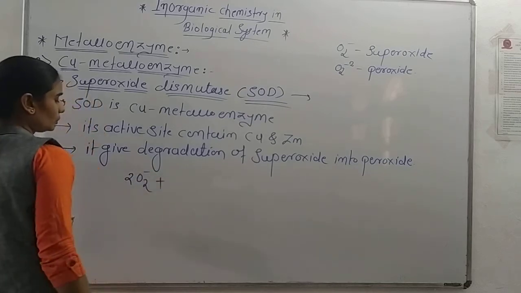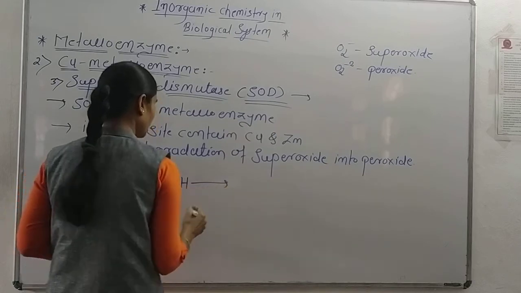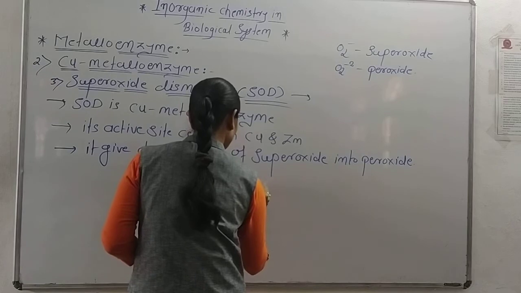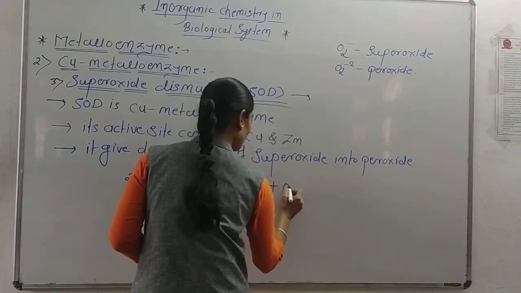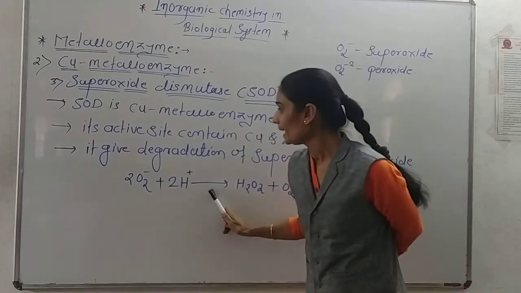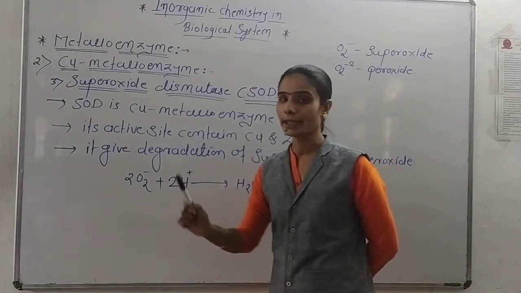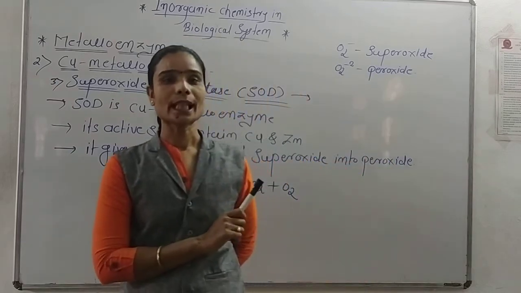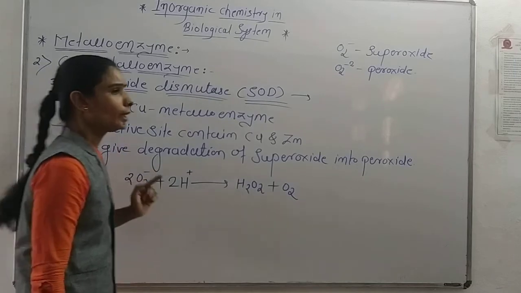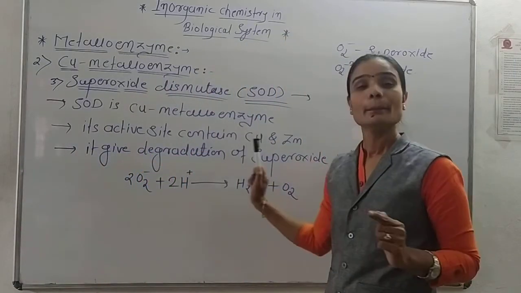So 2O2 minus plus 2H gives H2O2 plus oxygen molecule. Okay, this is the main reaction of superoxide dismutase, and we already discussed it in the first metalloenzyme, that is the zinc metalloenzyme, because the active site of superoxide dismutase contains copper and zinc metal atoms.